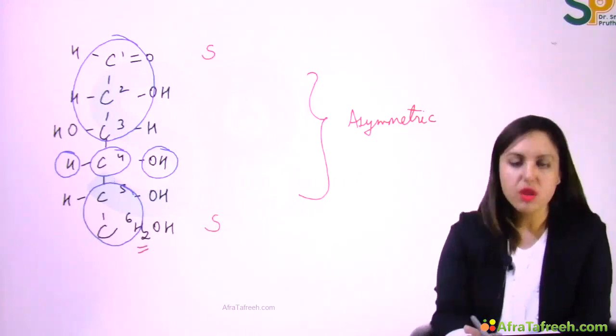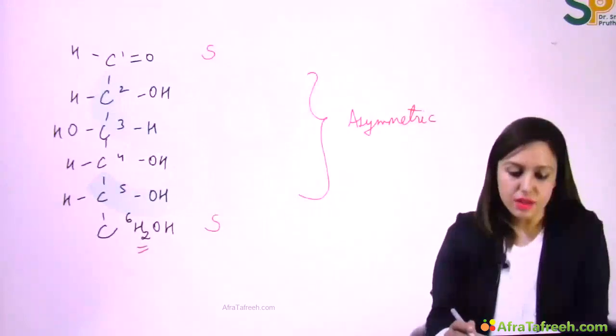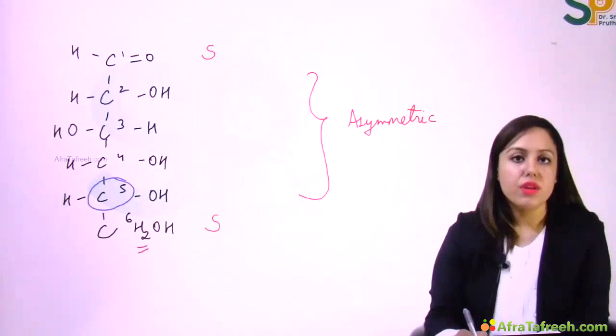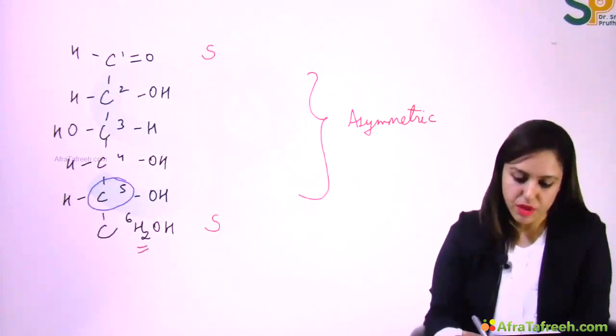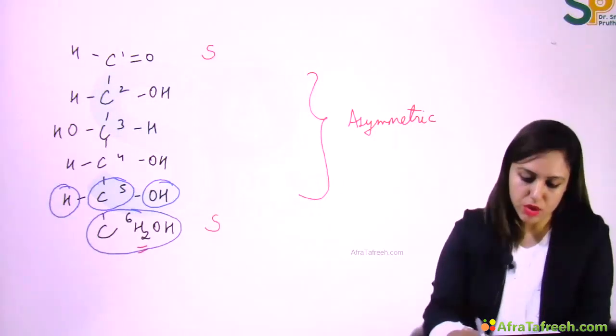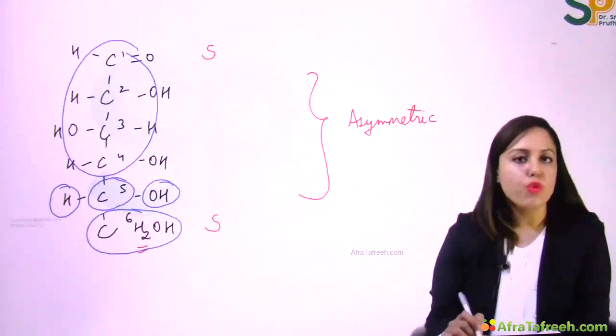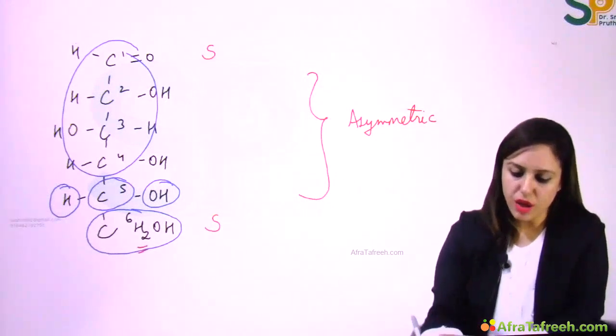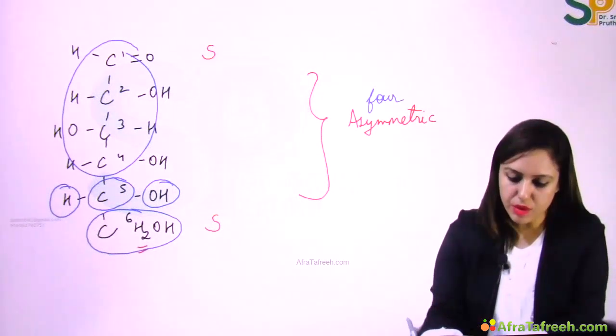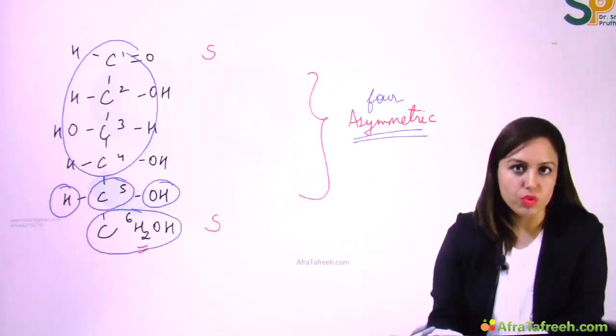So all 4 are different. Now look at the last one, C5. When you see 4 valencies of C5, one is H, other is OH, third is CH2OH, fourth valency is occupied by a group having 4 carbons, right? So we have 4 asymmetric carbons in case of glucose.